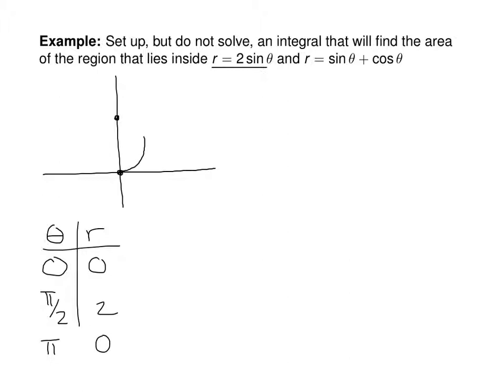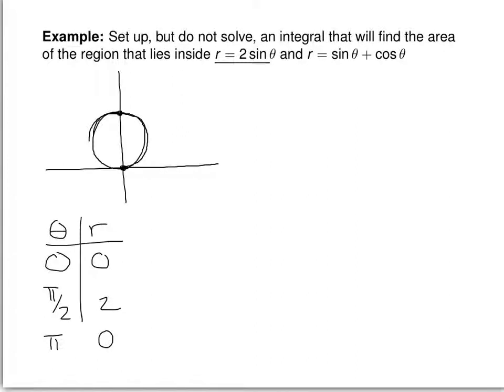So this will actually be a circle. You can prove that that's a circle. Now let's graph the other one. So we'll have theta and r. First, if theta is 0, sine of 0 is 0, cosine of 0 is 1, so we're right there.